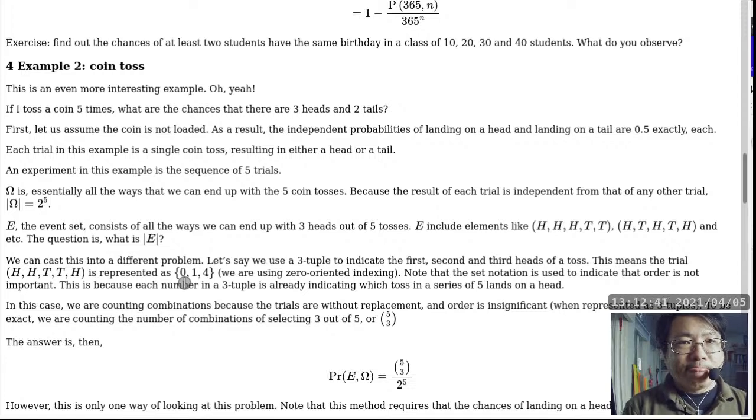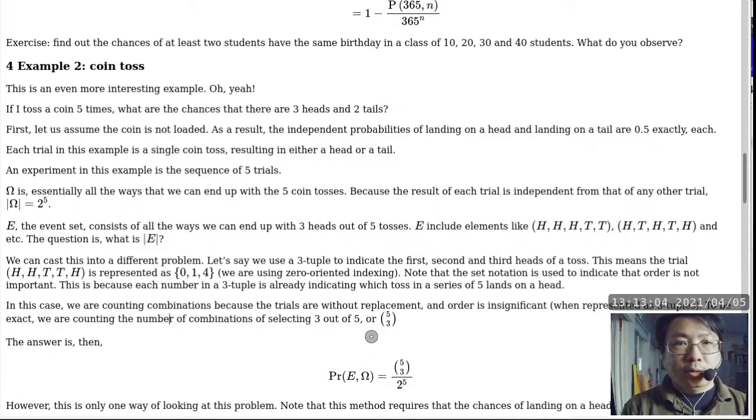Oh, so that really is just combinations. We are counting combinations, where we have 5 items in the bag, and we're choosing 3 items out of the bag, where ordering is not important. So it's 5 choose 3.